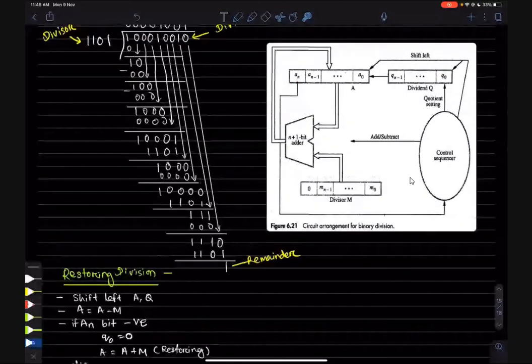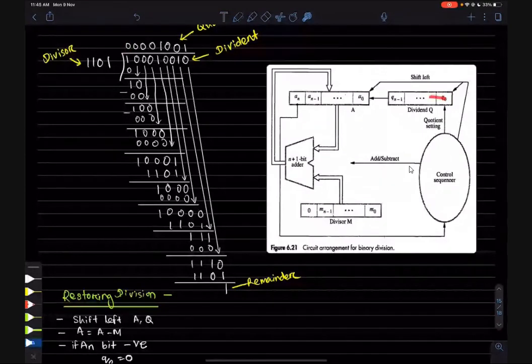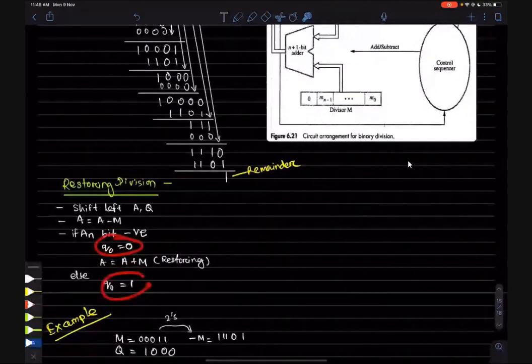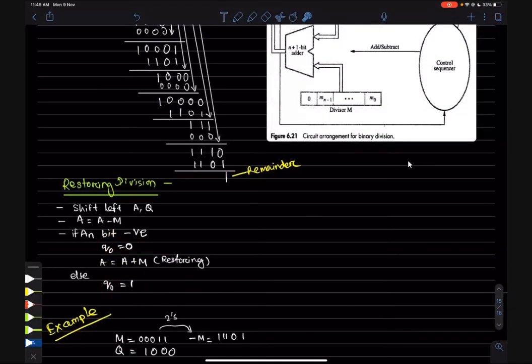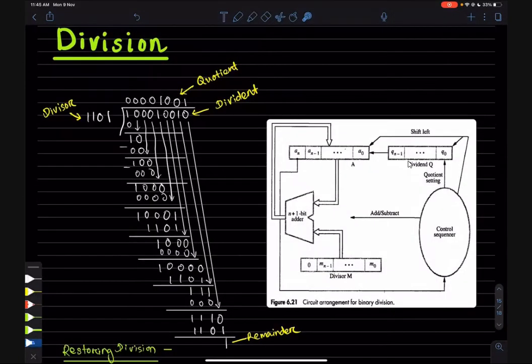What is q0? q0 will contain the quotient. q0 is already shifted here in the first left shift operation, so this space is empty now. We are deciding what the value of q0 will be, 1 or 0, by this algorithm. q0 will be 0 because our division failed.